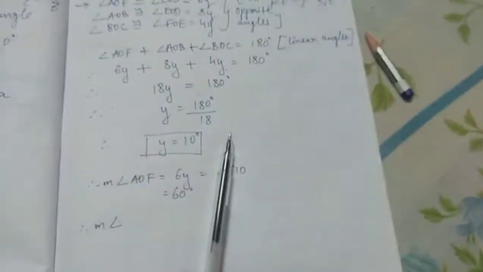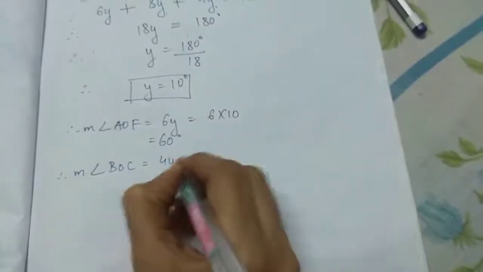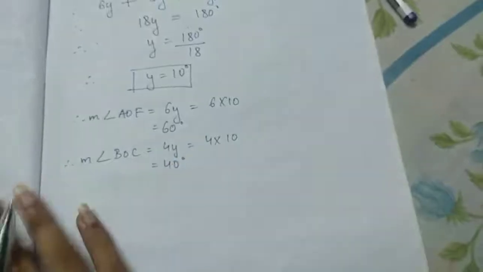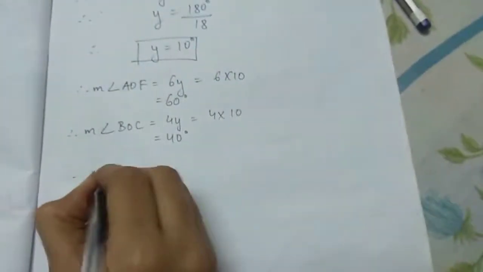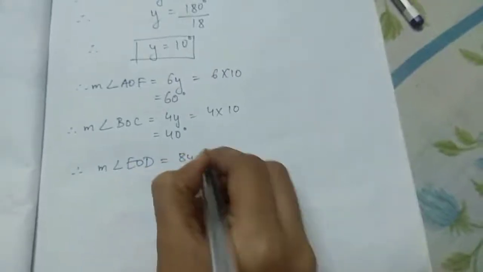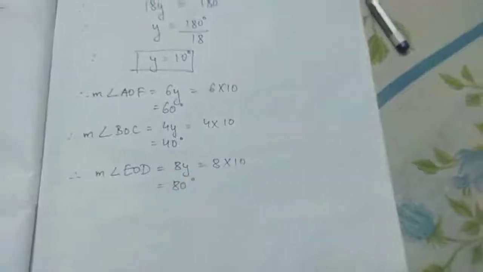Then measure angle BOC is 4y, means 4 into 10, which is 40 degree. And lastly, measure angle EOD, which is 8y, means 8 into 10 equal to 80 degree. So this is our solution.